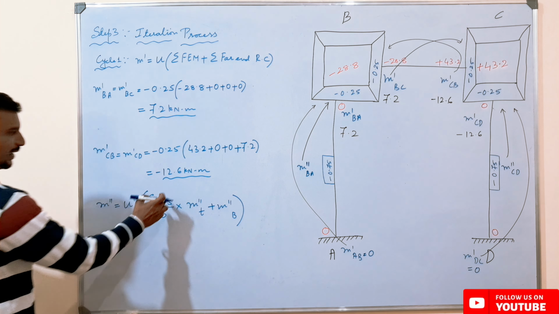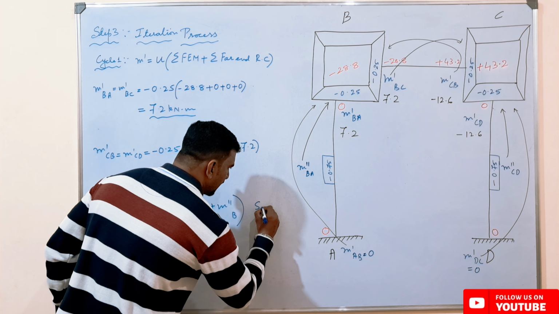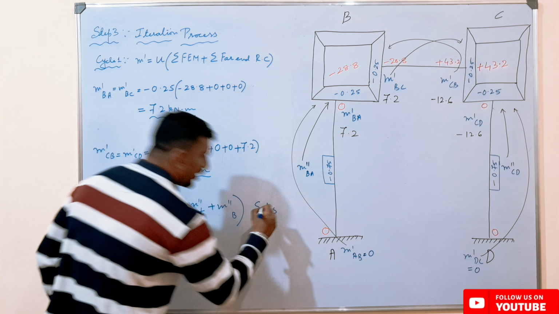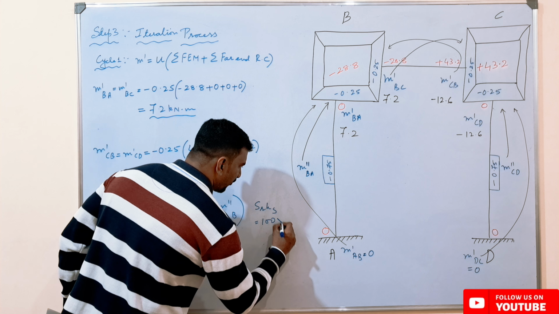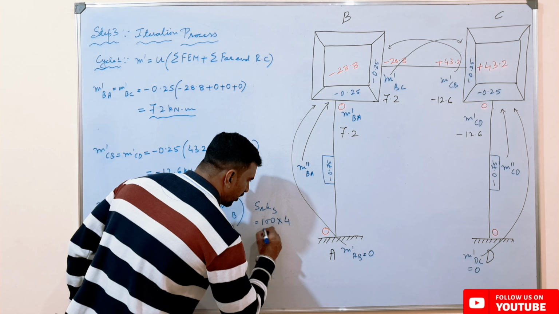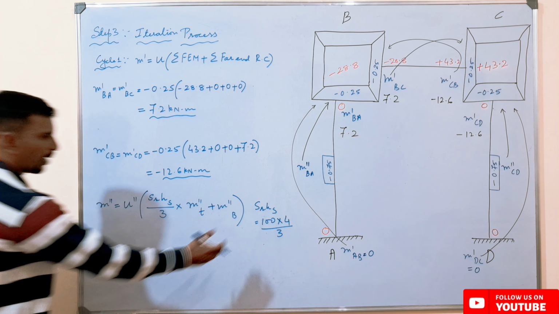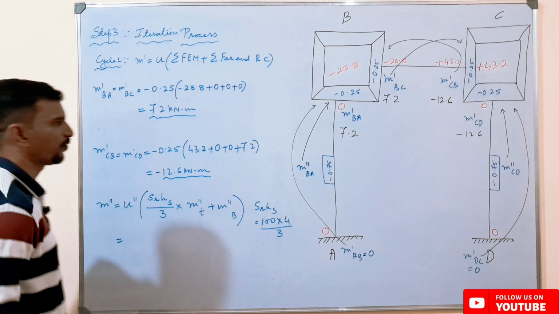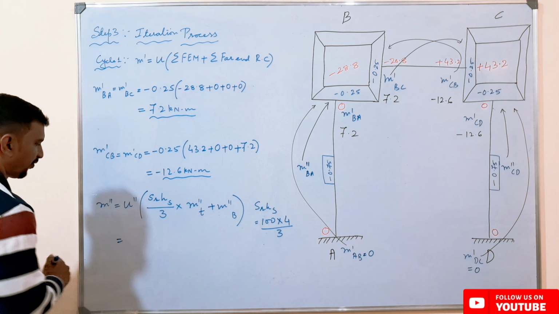So now if we want to calculate this, the story shear is 100 kilonewton, we know it's given in the problem, and the height of the story is 4 meters divided by 3. So just apply this value over here. So u double dash, we know the value, it is minus 0.75.